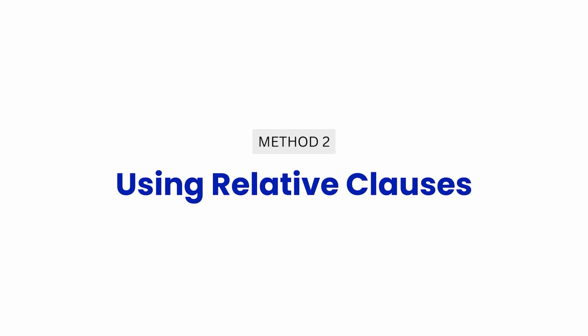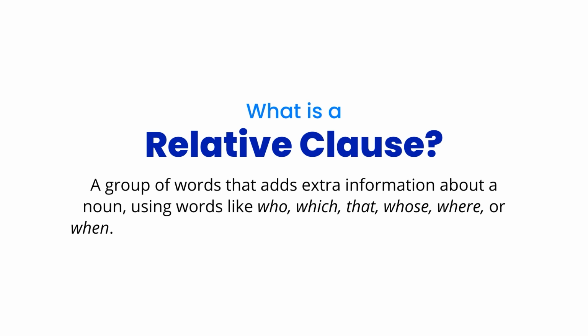Let's look at method number 2 now, which is using relative clauses. So again, you might be thinking, what is a relative clause? What does that mean? Well, a relative clause is a group of words that adds extra information about a noun using words like who, which, that, whose, where, or when.